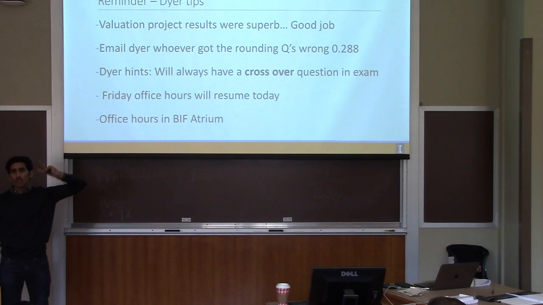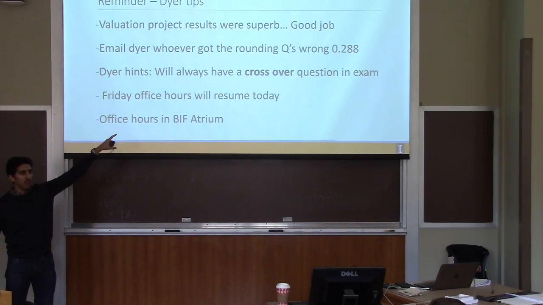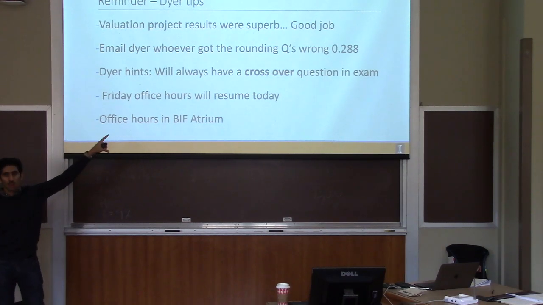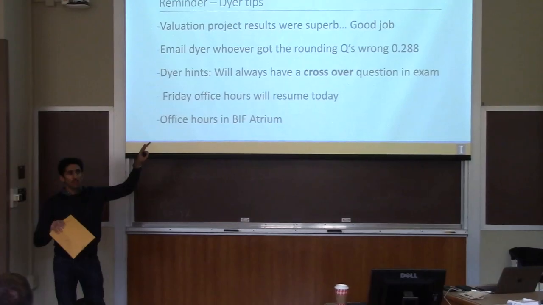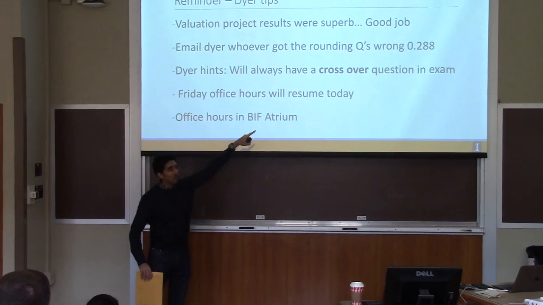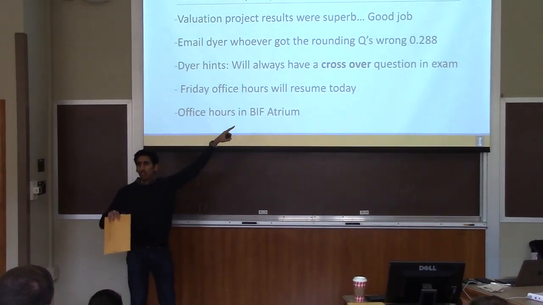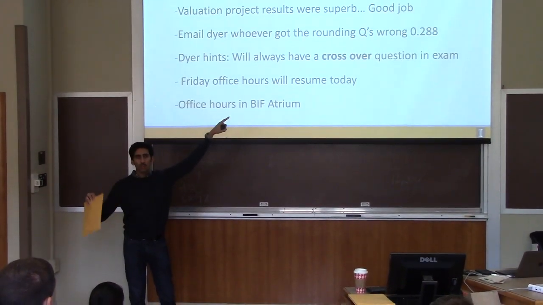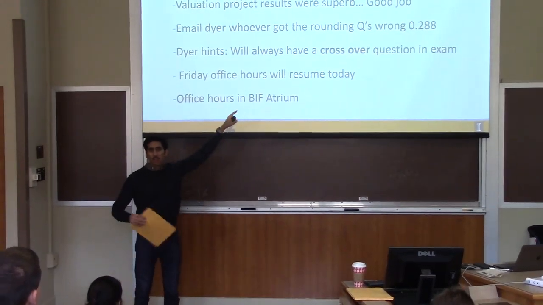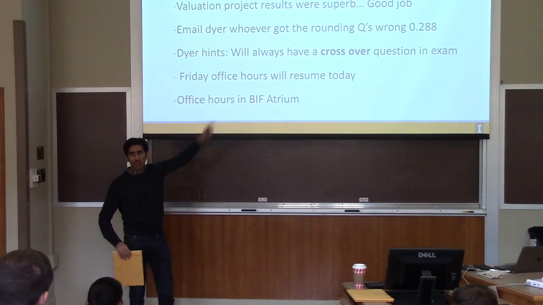It's fair if you got any of these answers right, and if you got it marked incorrect, please email Professor Dyer, and I'm going to speak to him on Monday to give you these points. Because if you got any of these, that means you knew the finance behind the calculation. So anyone who got that question wrong, I think it's question 6 in form C, I don't know which question it was in the other forms, email Professor Dyer, just so that it makes it easier for him to give you those points.